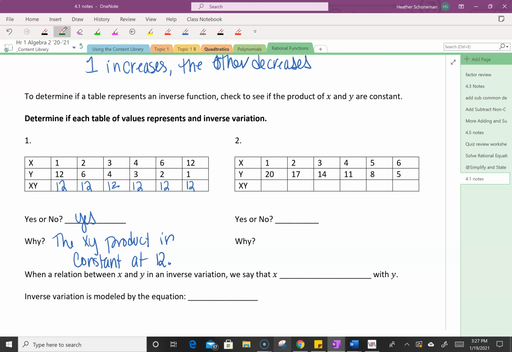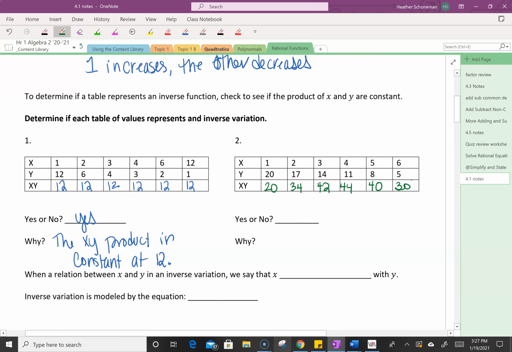Now, if I look at this on number 2, I see the x's are going up, and at the same time the y's are going down, so it meets the first check, but the second check is to look at the xy product. So 1 times 20 is 20. This would be 34, 42, 44, so we can see they're clearly not matching, but I'm going to have you fill in all the numbers anyway.